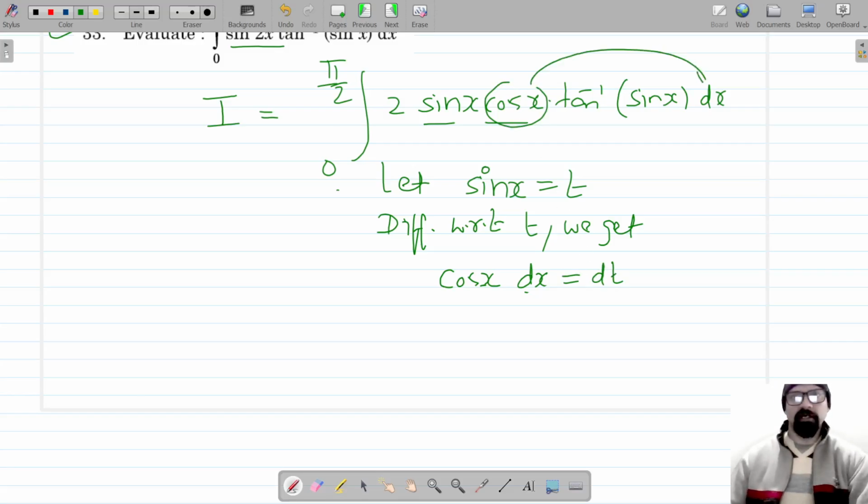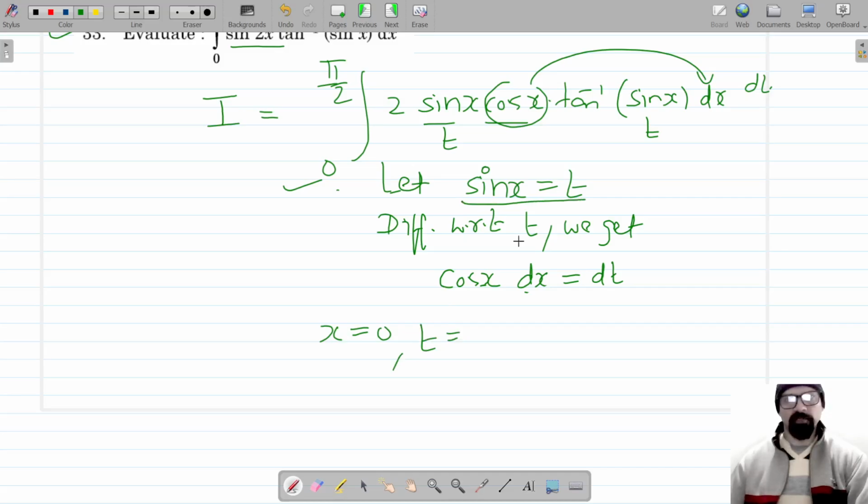So ये बन जाएगा आपका dt और sin x की जगह आ जाएगा t. इसके साथ साथ हमें निकालनी होगी नई limits. तो जब x 0 है तो t कितना होगा, t हो जाएगा sin 0 और sin 0 होता है 0. और जब x है pi by 2 तो t हो जाएगा sin pi by 2 और sin 90 होता है 1.